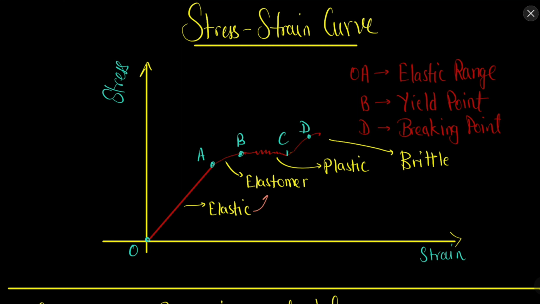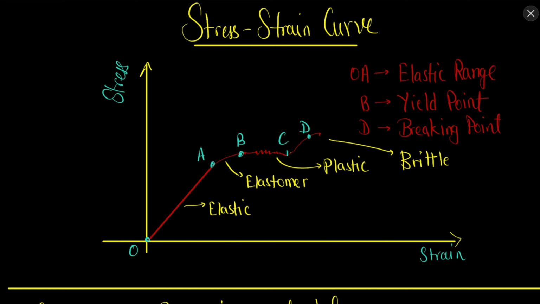The elastic material becomes an elastomer when we go into this region, that is, when we apply a little more stress. Then if you apply even more stress, for a few moments nothing will happen, and then it will not come back to its original shape. Ultimately, in this region it will become a plastic material: whatever shape you make of the solid, it will remain in that shape.